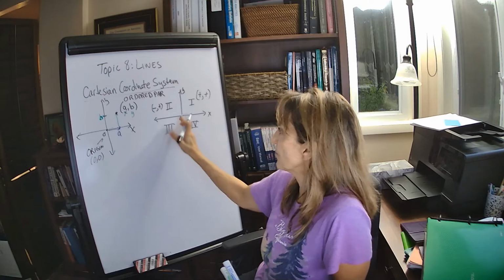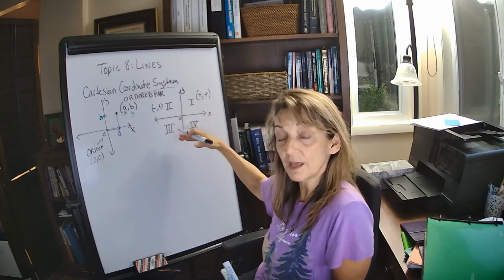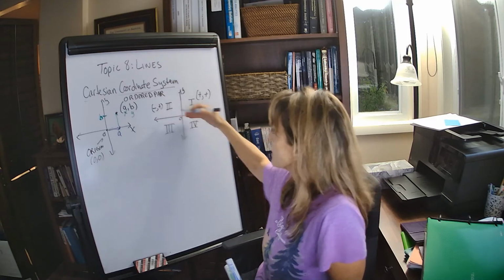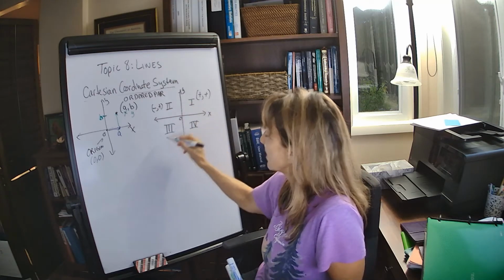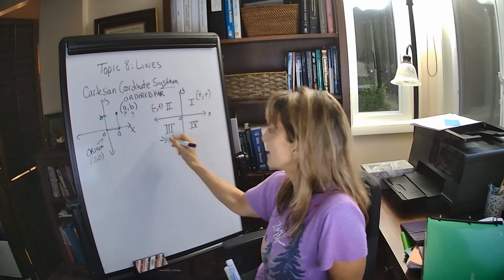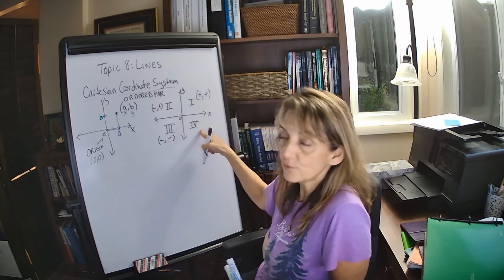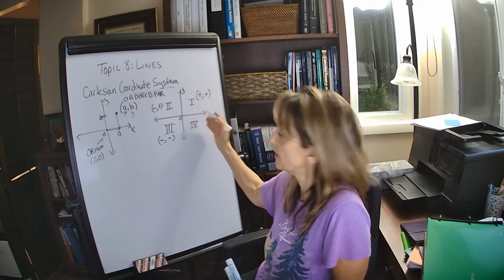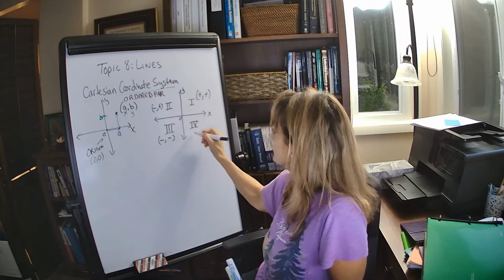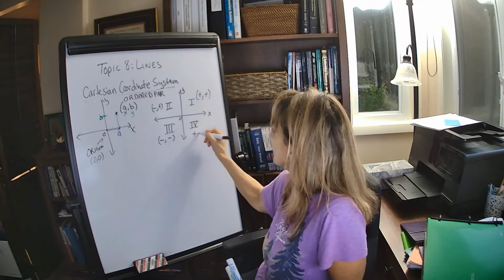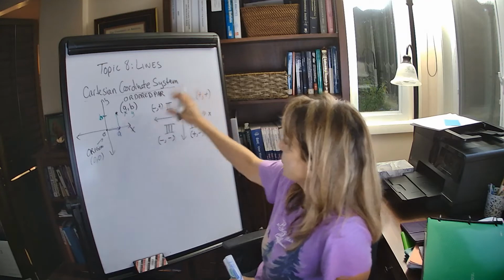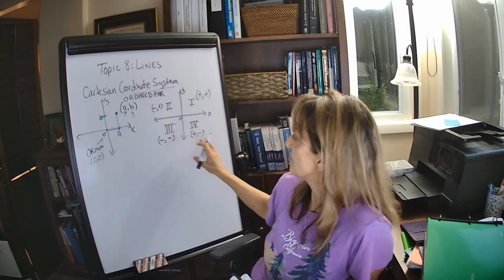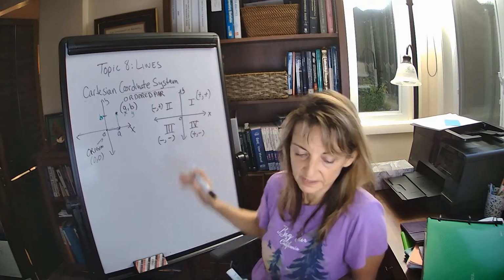In the third quadrant, we're to the left of 0 and below the x-axis, so the y values are all negative. We're negative on the x and negative on the y. And in the fourth quadrant, we are back on the positive values of the x-coordinate, but negative on the y. So we're positive and then negative. Therefore, each quadrant has distinct characteristics for the positives and negatives.